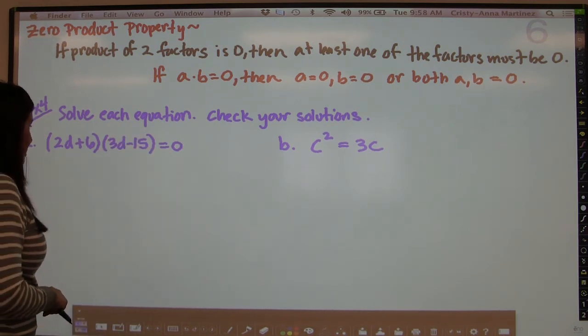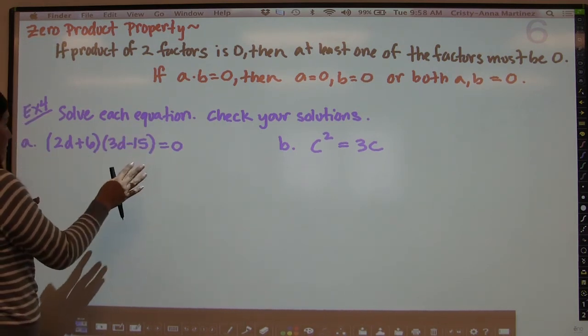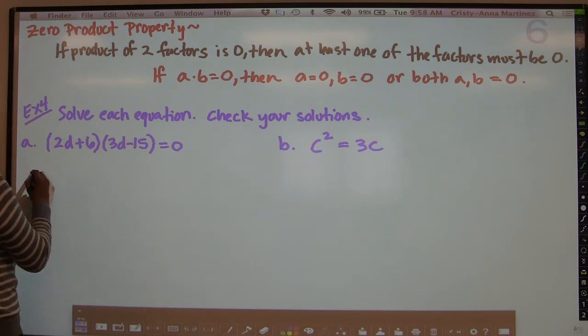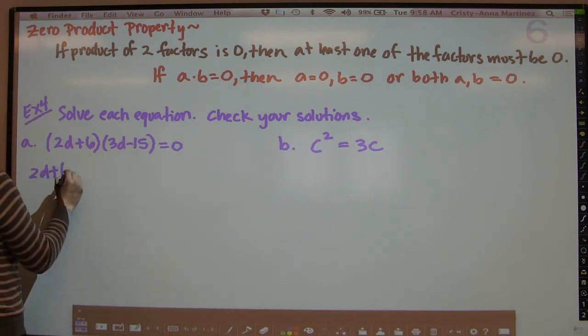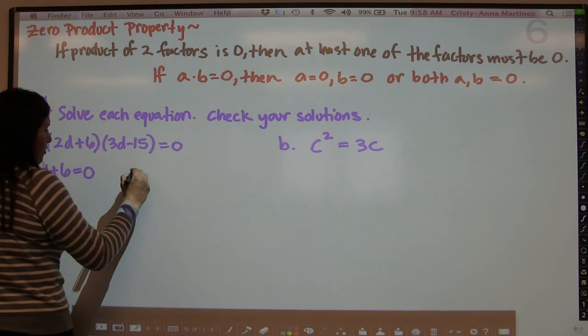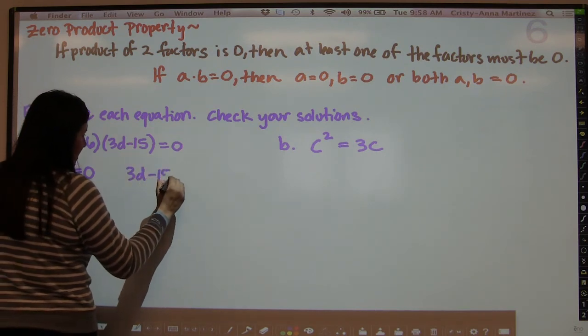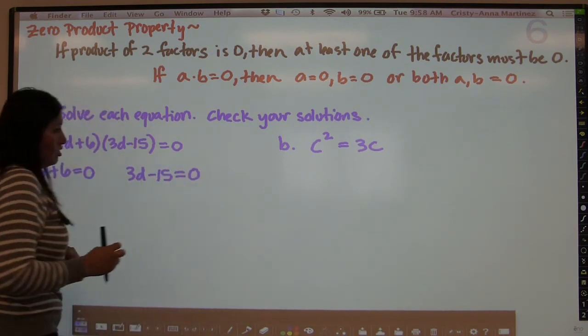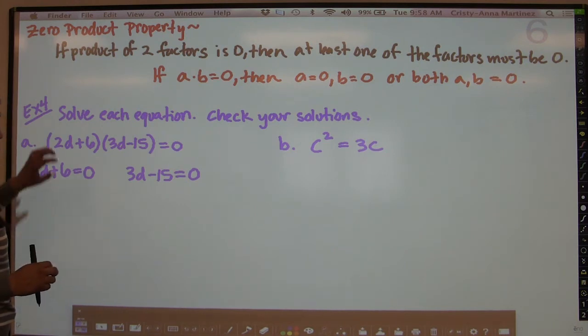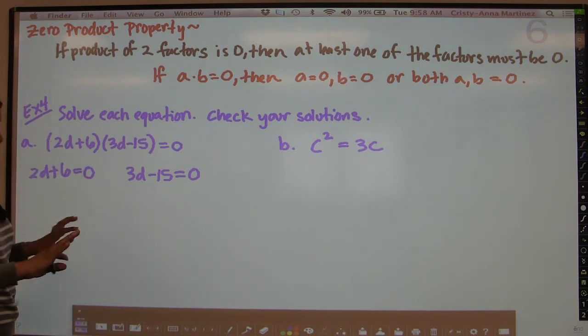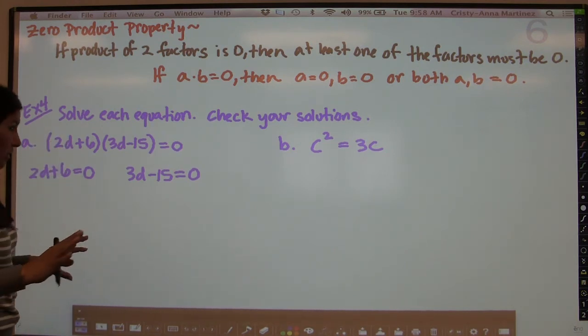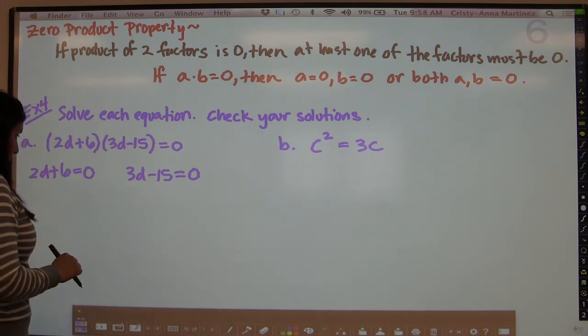So what they're telling us is that the only way for this expression to equal 0 is for either 2D plus 6 to equal 0, or 3D minus 15 equals 0, or both. So basically what we do algebraically is we take the two factors and we separate them and individually solve for each factor separately.